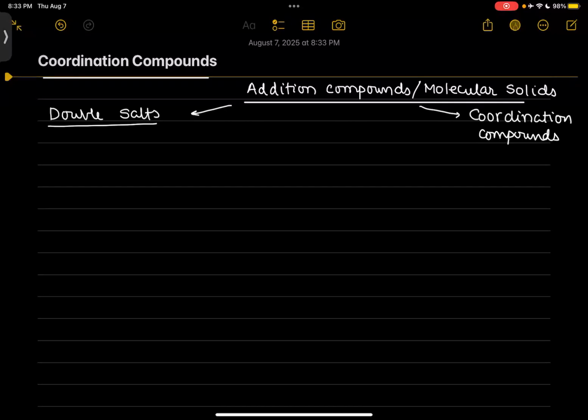So what's the difference and what's the similarity between addition compounds or molecular compounds? What are they? And they are divided into two categories, double salts and coordination compounds. So any idea? What are they basically?